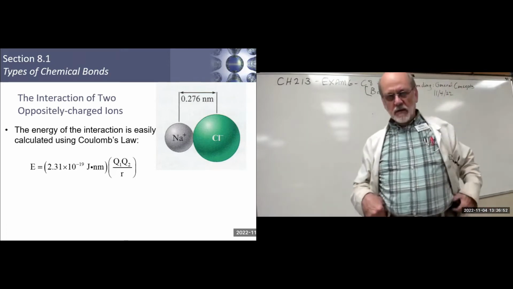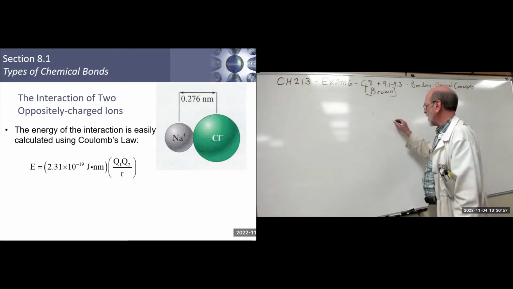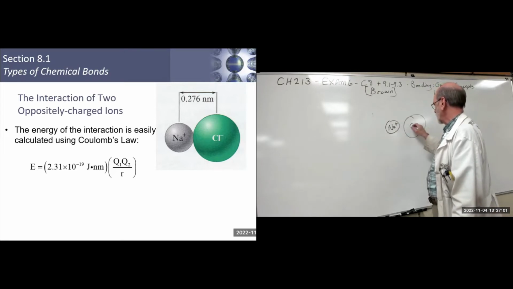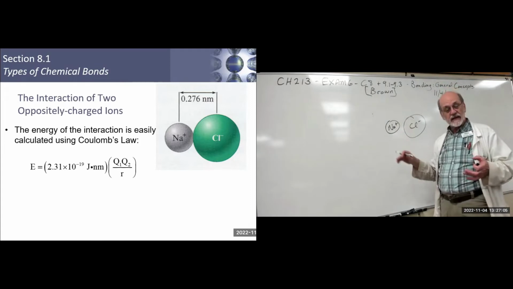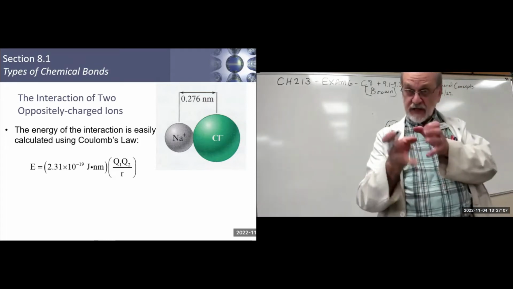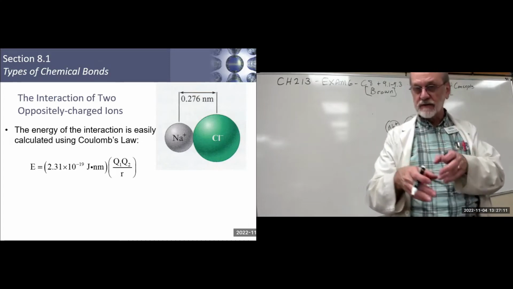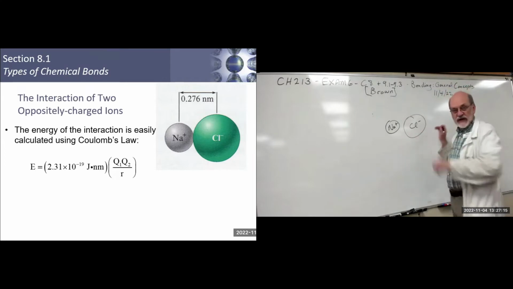And in order to get them, it's best to look at it this way. If you have two ions here, say sodium and chlorine, and they're bonded, they're as close as they can get, and that bond distance for this particular arrangement is 0.276 nanometers. They're very close. Well, how do you get them separated?